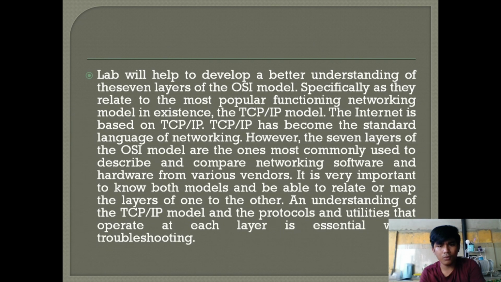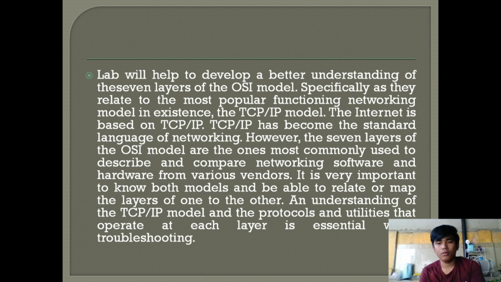The lab will help you develop a better understanding of the 7 layers of the OSI model, especially as they relate to the most popular functioning network model in existence, the TCP/IP model. The internet is based on TCP/IP. TCP/IP has become the standard language of networks.